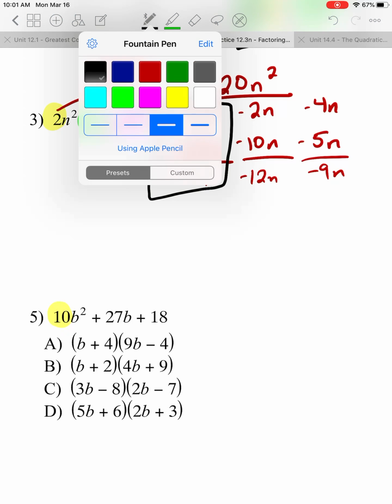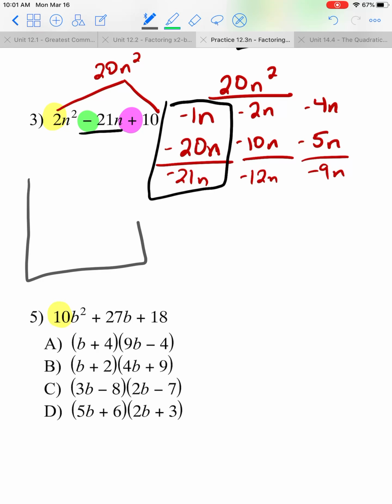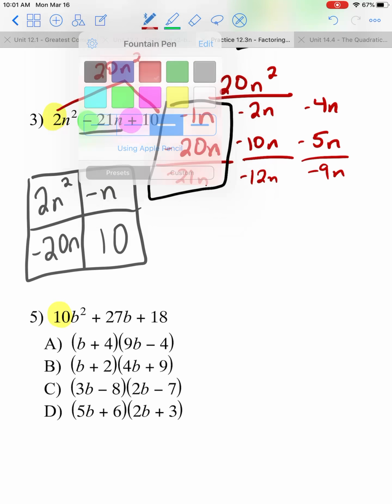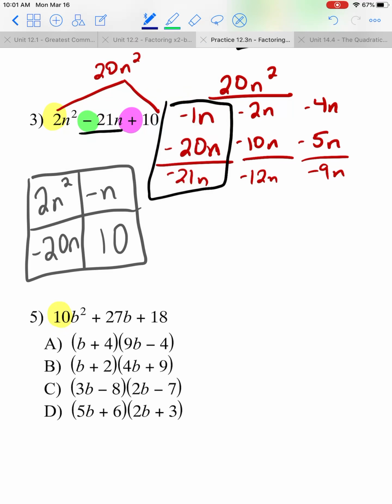So I draw my box, and my first term will go here. So I have 2n squared here. I'll have 10 here, and I'll have a negative n and a negative 20n. Now, find my greatest common factors. The greatest common factor of 2n squared and 20n, let's use blue.